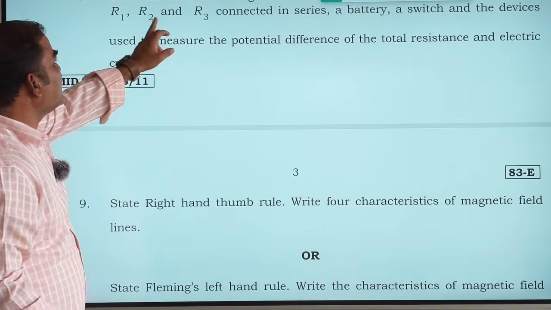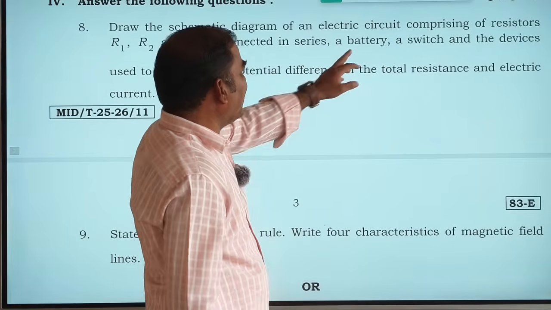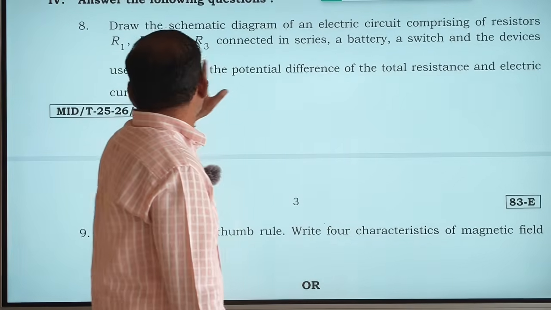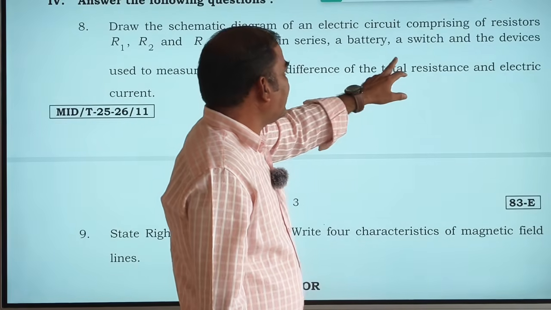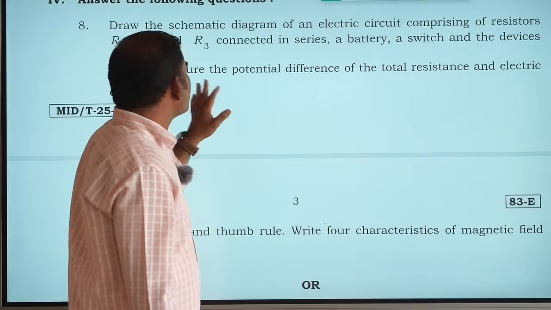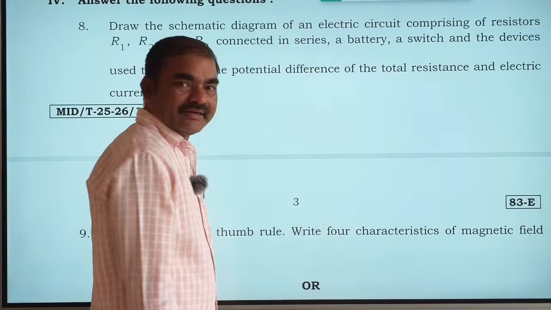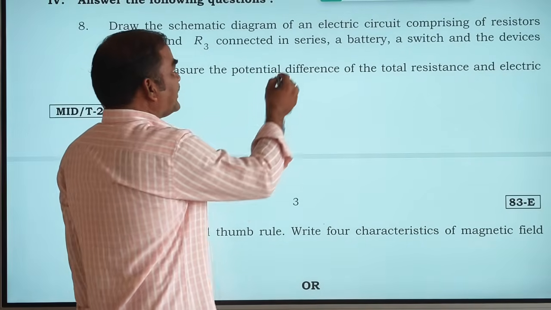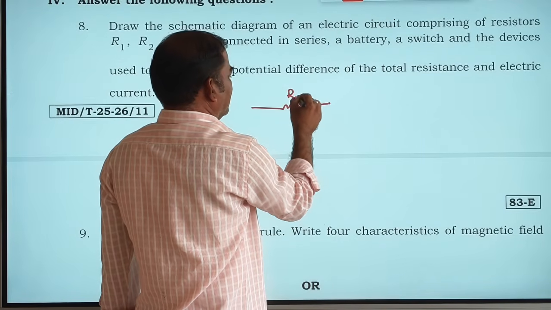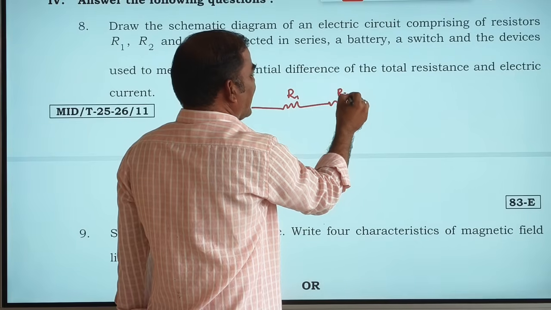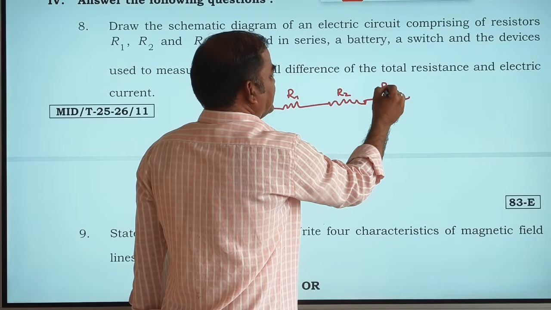Draw the schematic diagram of an electric circuit comprising 3 resistors R1, R2 and R3 connected in series, a battery, a switch, and the devices used to measure the potential difference across the total resistance and the electric current. We can draw the diagram this way. This is R1, connected in series is R2, R3.